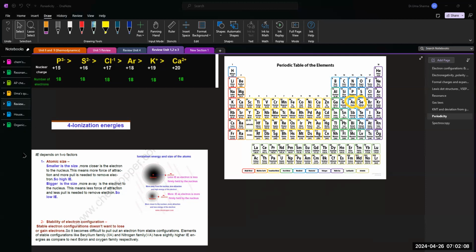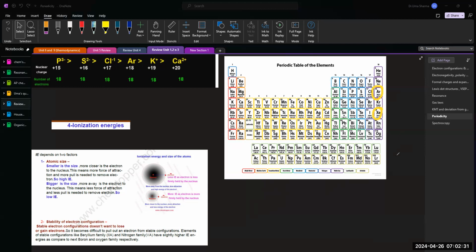Which element will have higher ionization energy, xenon or iodine? Perfect answer. Which element has higher ionization energy, argon or xenon? Yes, argon.